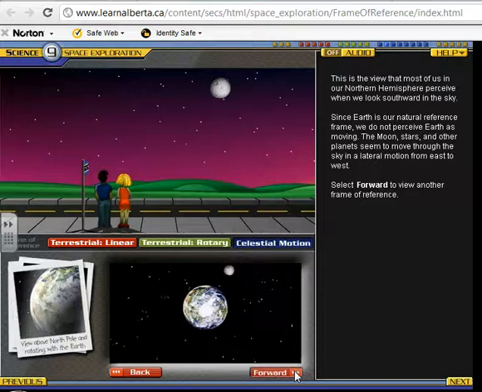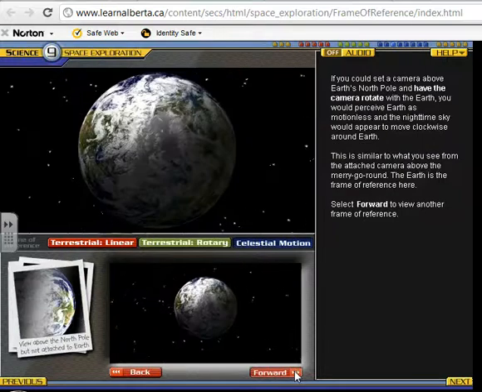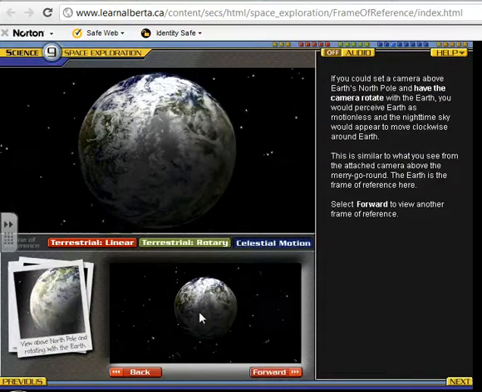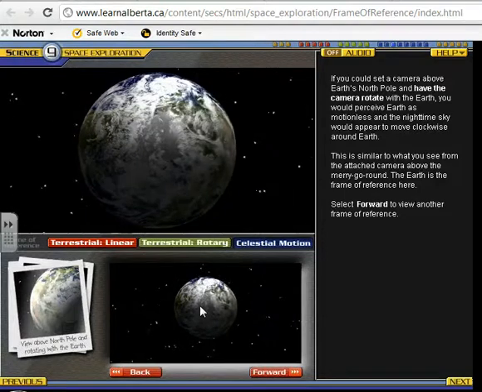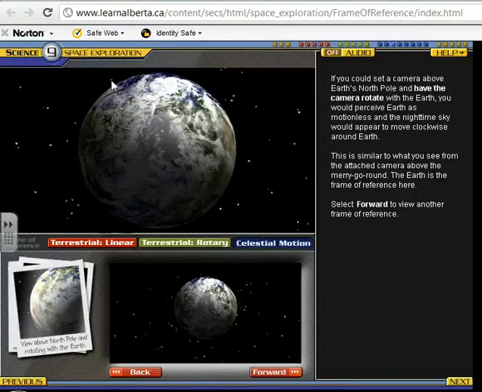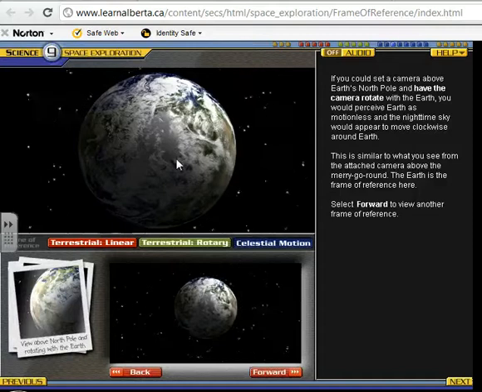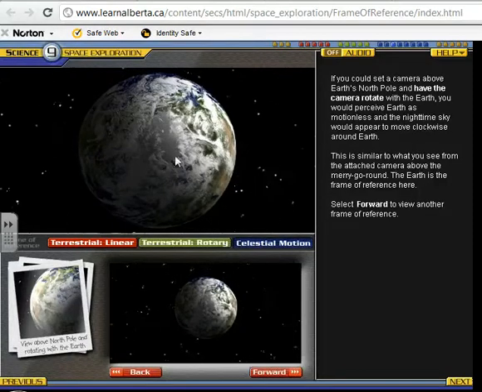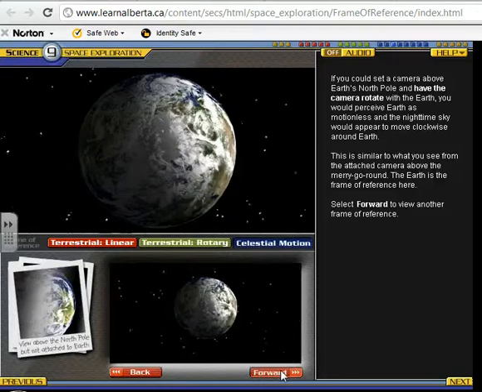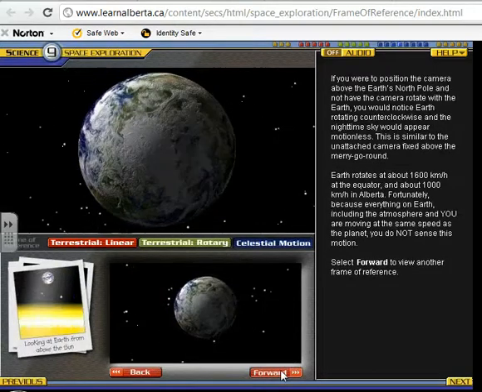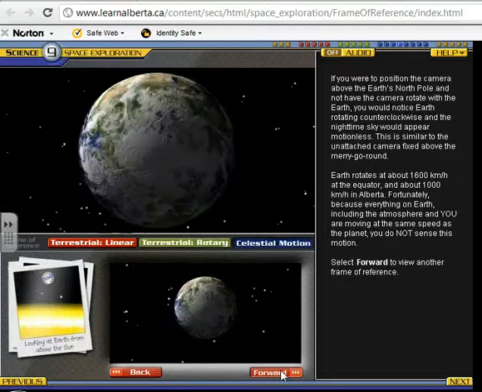Now, if we take another point of view, this is above the North Pole. This is similar to that merry-go-round where we had the camera stationary in the merry-go-round or right above it. But we can see that it looks like the Earth is stationary. Now this can be a little bit confusing because it's hard to see how this can look stationary when it's actually moving. So I want to show you the next point of view, which is actually the camera above the Earth and not rotating.